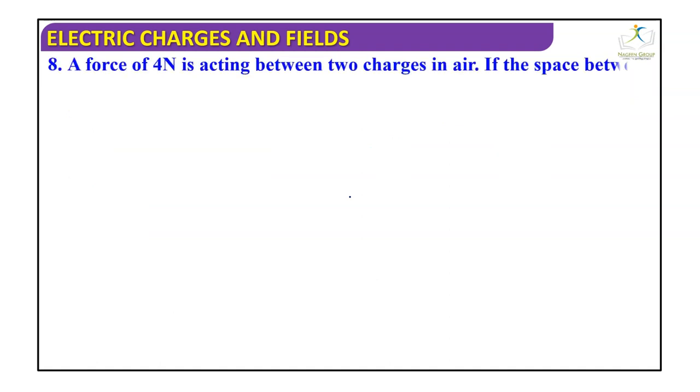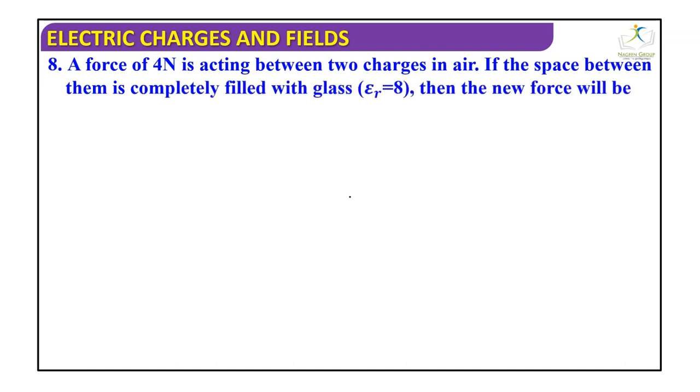The next question: a force of 4 Newton is acting between two charges in air. If the space between them is completely filled with glass, epsilon r, which is the relative permittivity, is equal to 8, then the new force will be, and the options are 2 Newton, 5 Newton, 0.2 Newton, 0.5 Newton.